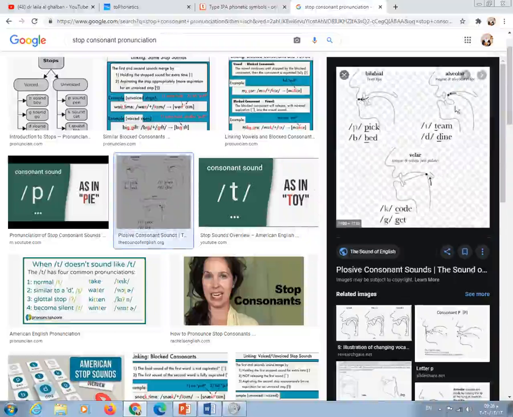Look at the position, look at the place of articulation here. لما بنيجي ننطق t and d, the tip of the tongue touching, making firm contact قافلة تماما مع الالفيولار ريج. وطبعا لما جينا ننطق k and g, as you see, the back of the tongue is moving up to make firm contact with the hard palate, sorry, with the soft palate.